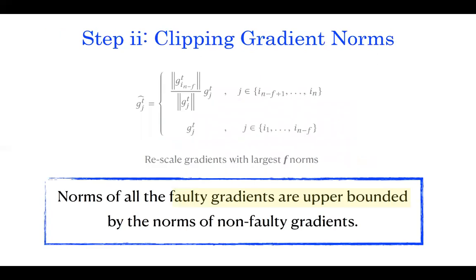Now, bounding the gradient norms through this rescaling bounds the magnitude of the faulty gradients, and it mitigates the detrimental impact of faulty agents on the distributed gradient descent algorithm for fault tolerance in distributed optimization.